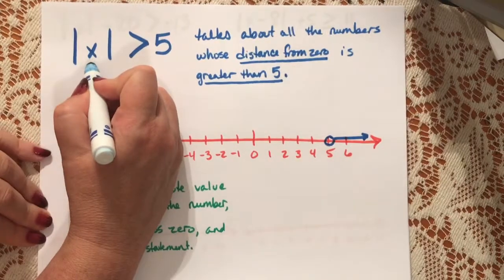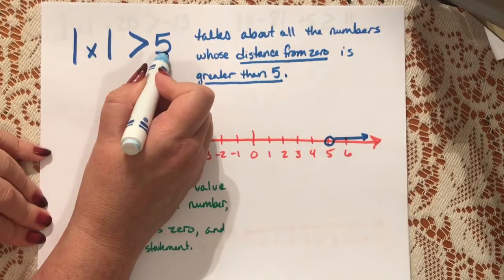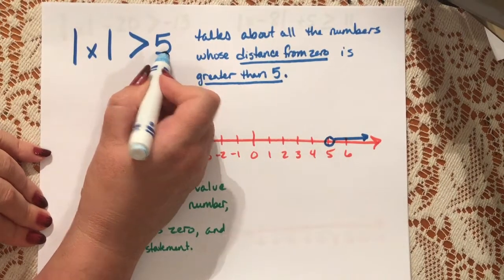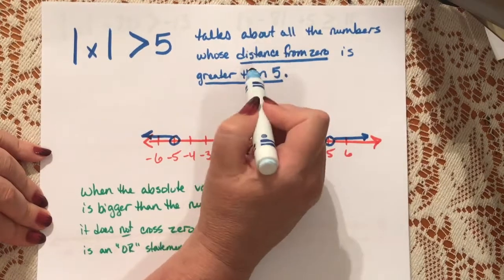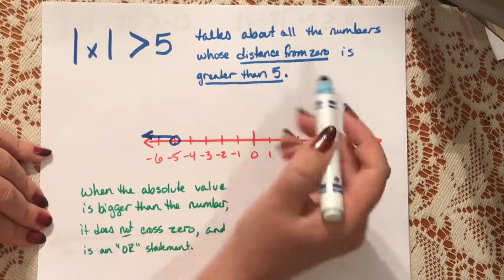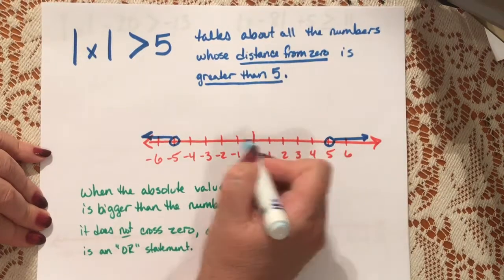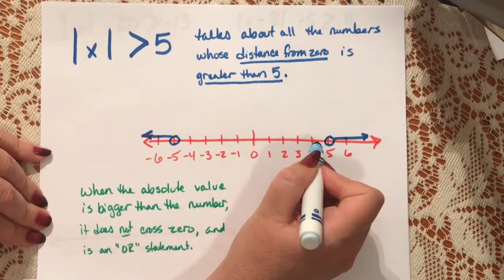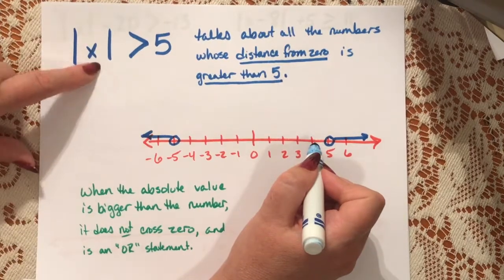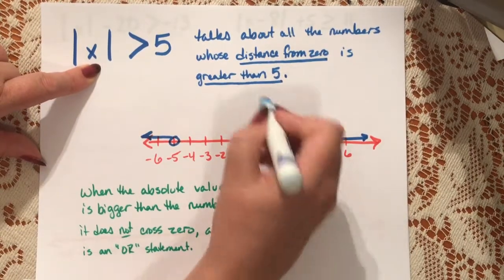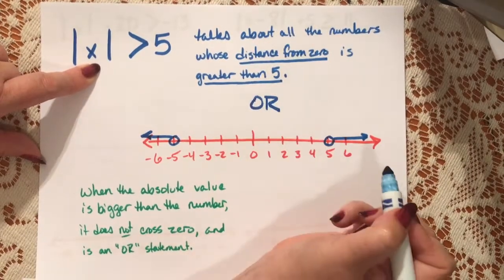When the absolute value of x is larger than your number, that talks about all the numbers whose distance from 0 is greater than 5. So it doesn't include the numbers 0 through 5, positive or negative, because it's greater than that. These are or statements.